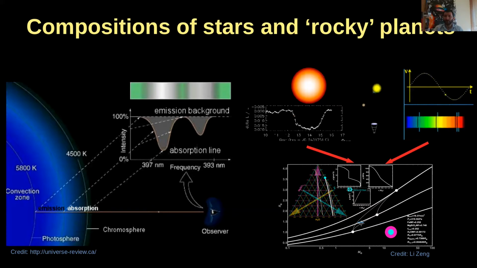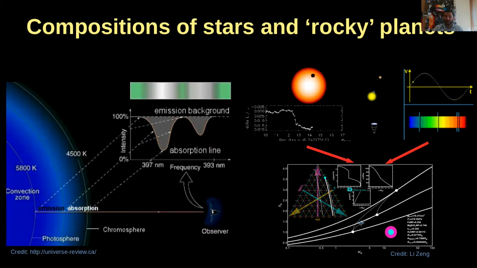This is called, as you know, Doppler shift. So the amount of this Doppler shift, or the radial velocity signal, will correspond to the mass of the planet, for a given mass of the star. So if we know the radius and the mass of the planet, we can estimate the density of the planets, and using some models of interiors of planets, we can also estimate the composition of these planets.